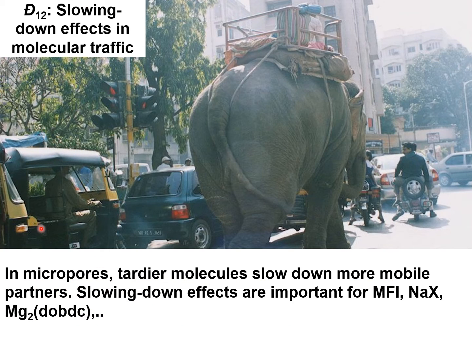The mobility of the more mobile scooter is correlated with the mobility, or lack thereof, of this elephant. And correlation effects, quantified by the D12 term in the Maxwell-Stefan diffusion equations, need to be duly accounted for in describing mixture diffusion in a variety of microporous crystalline materials.